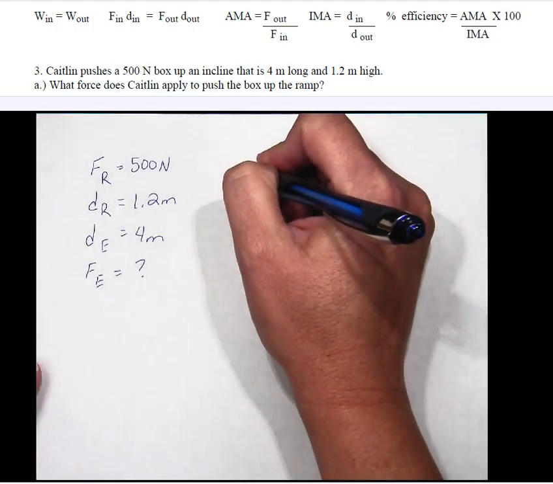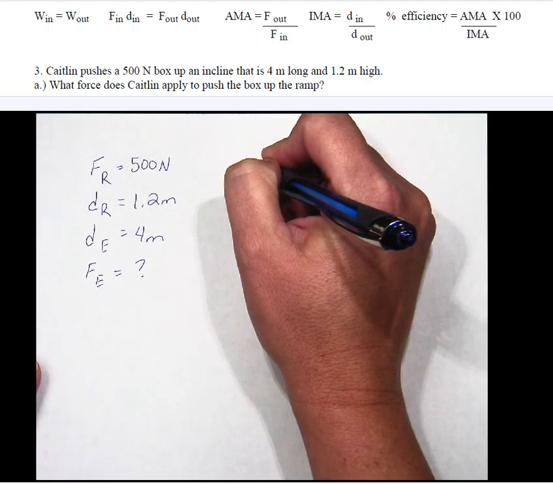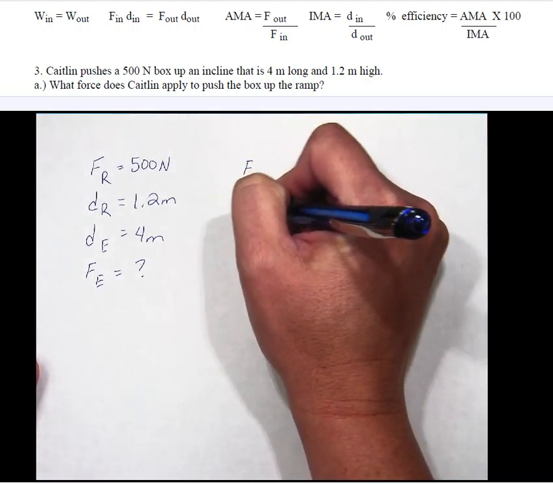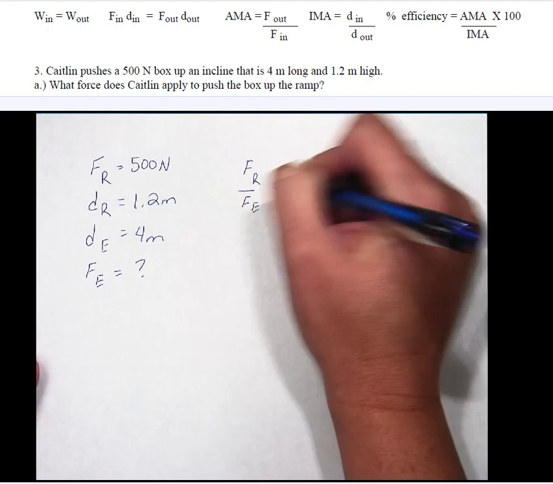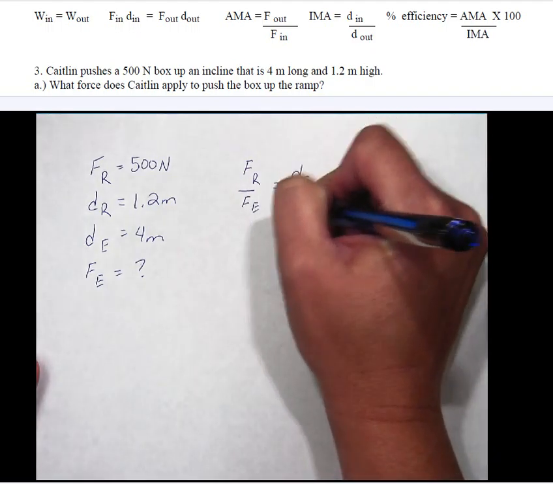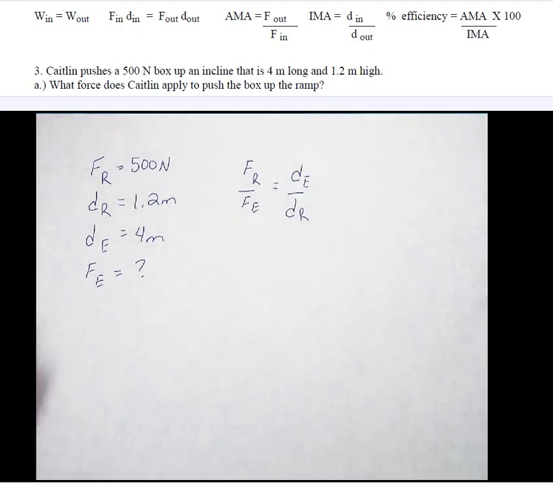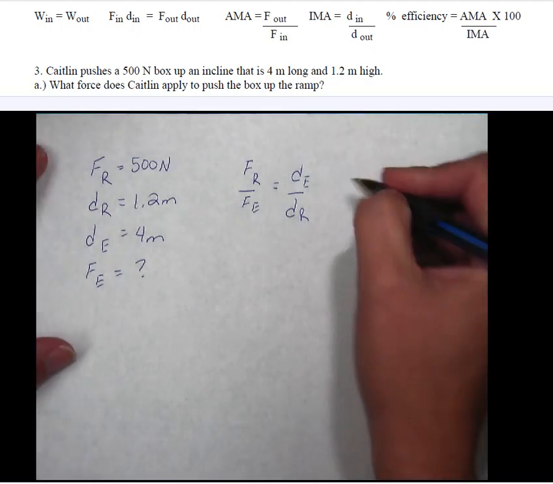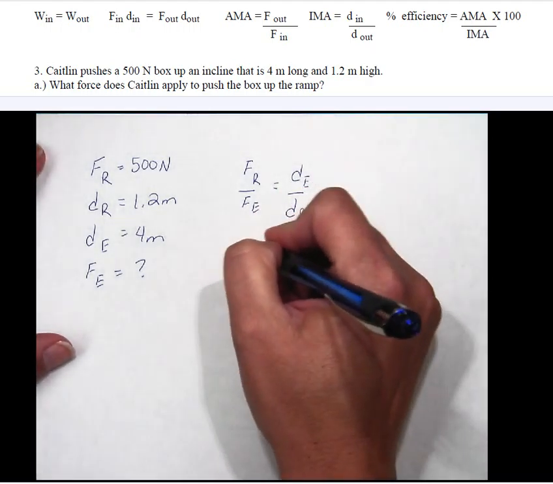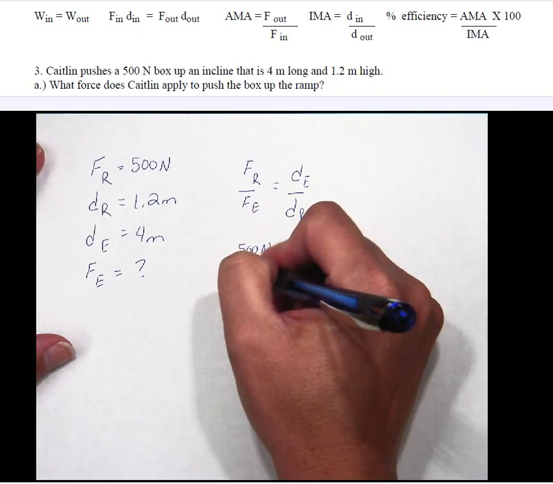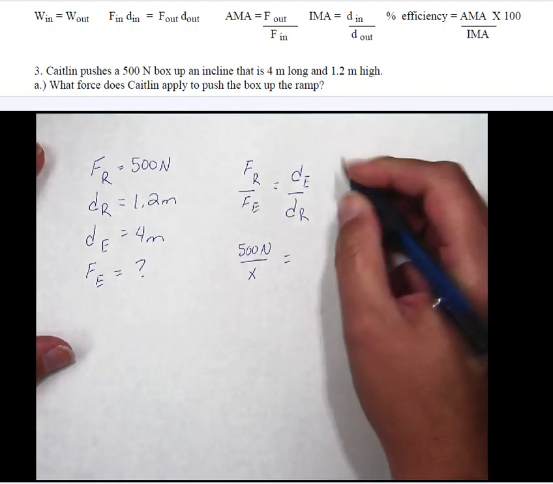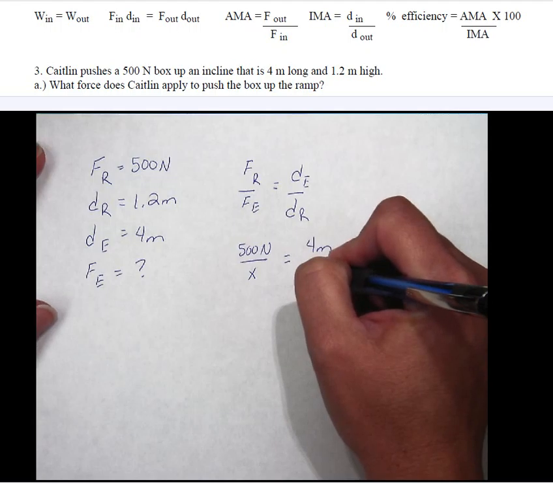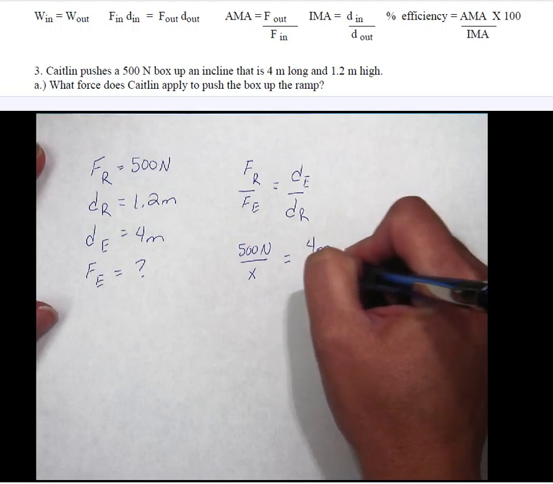So I'm going to set it as force of resistance over force of effort equals distance of effort over distance of resistance. If I plug it in, I have 500 newtons over x equals 4 meters over 1.2 meters.